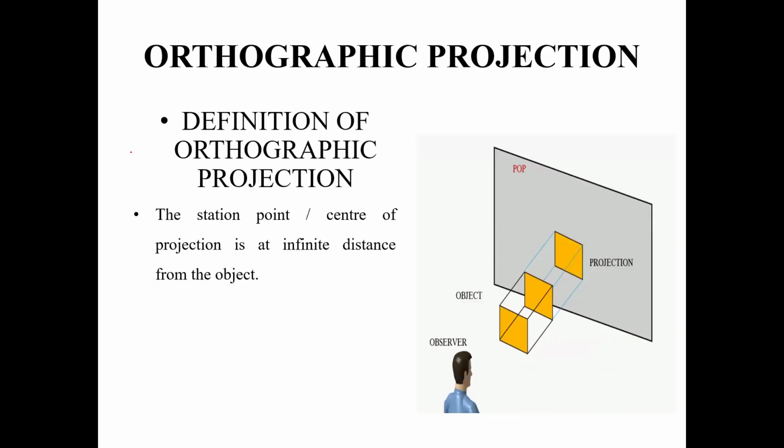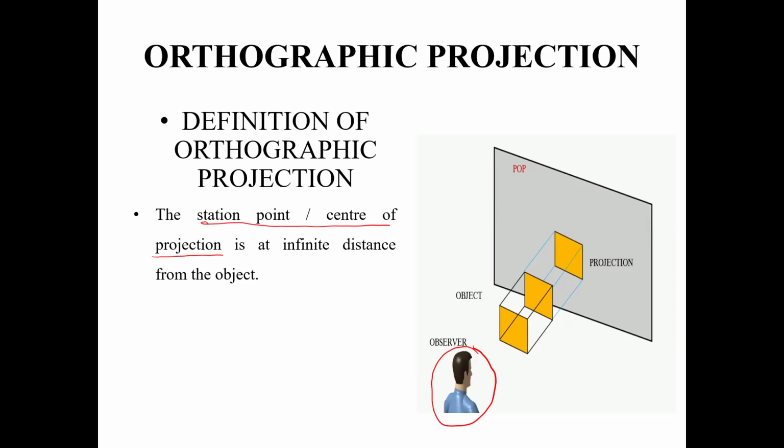Now, the station point or center of projection. What is station point or center of projection? As we have discussed earlier, the location of the observer is called as station point or center of projection in any method of projection.